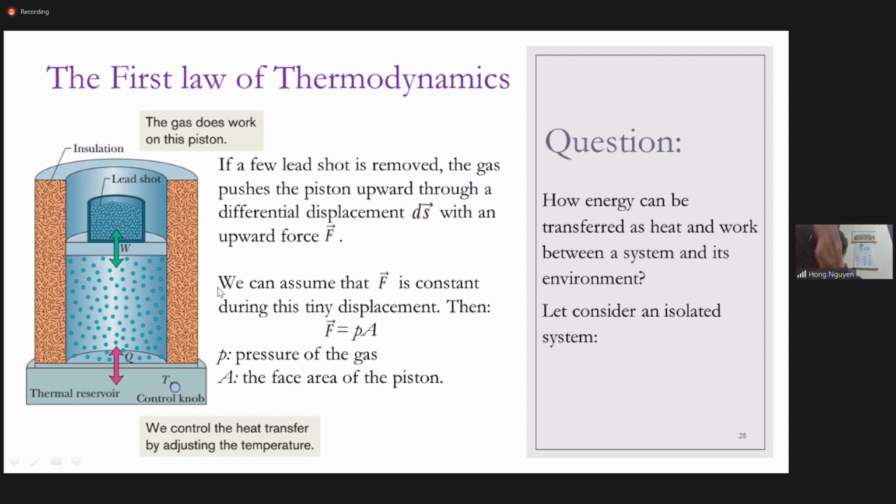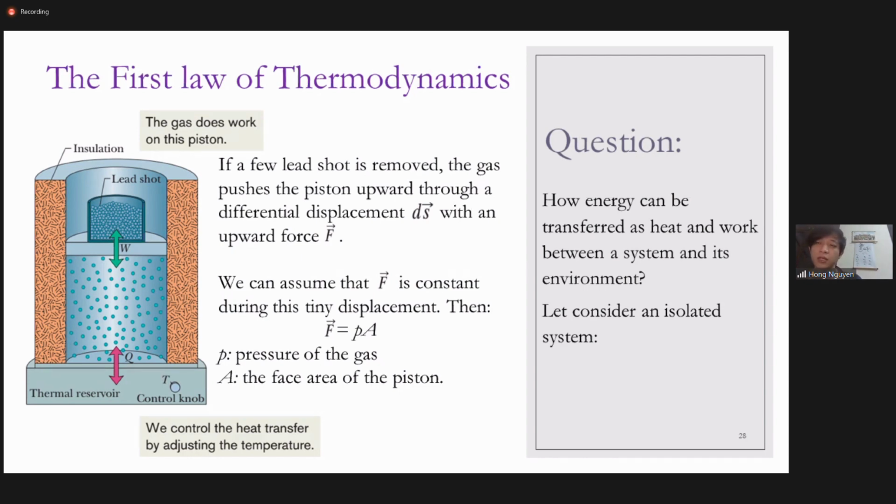Of course, it is in the form of a vector because when we consider the force, we need to consider also the direction of the force, as we already learned. Then we can assume that this force is constant during this very tiny displacement. Hence, we can calculate the force.